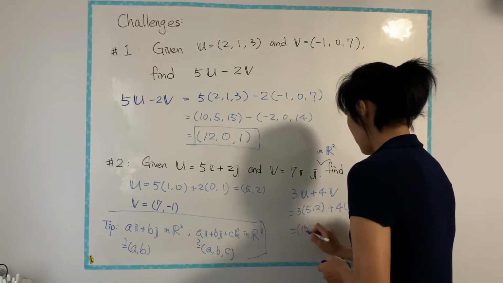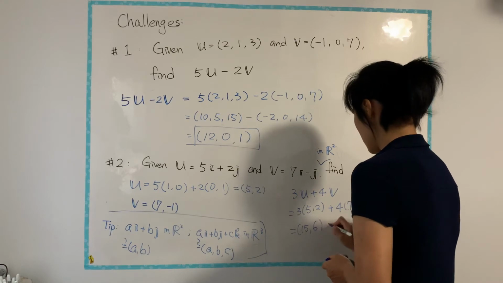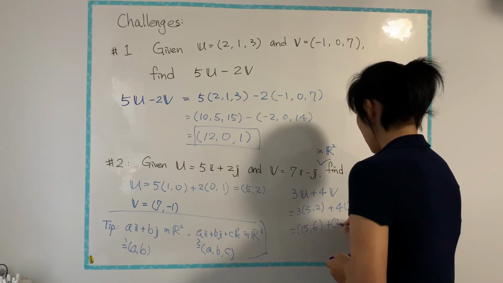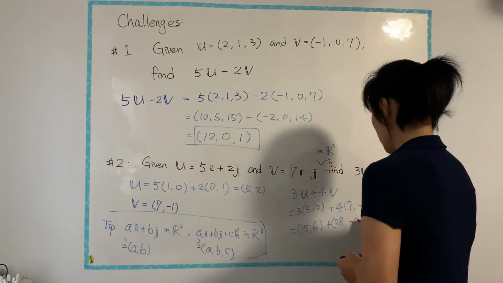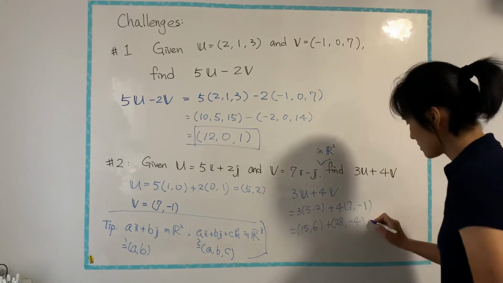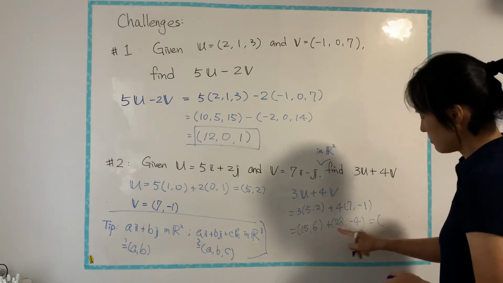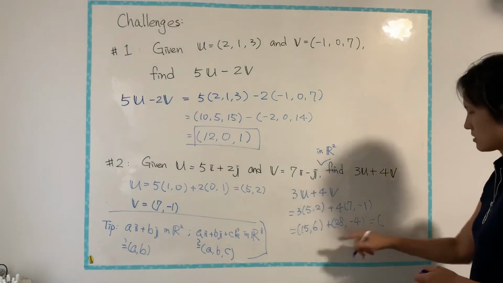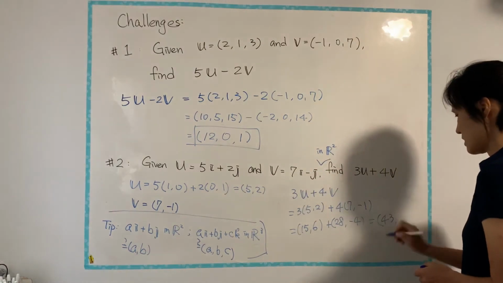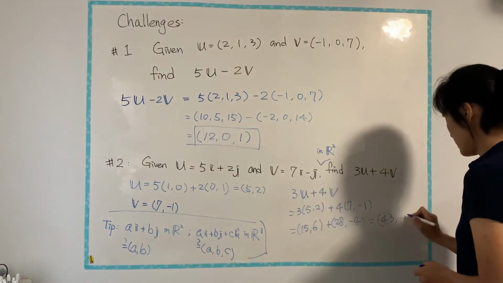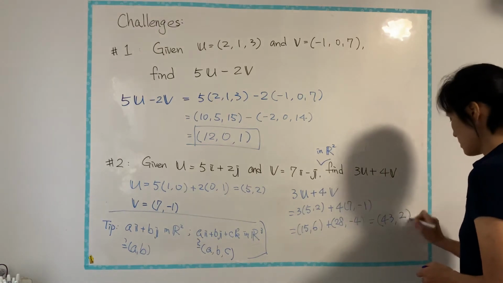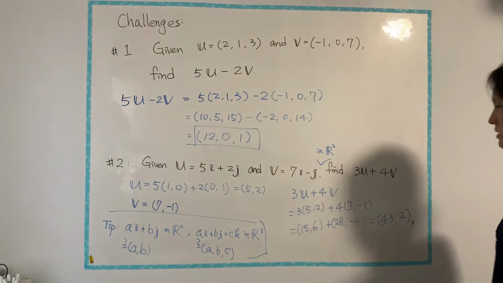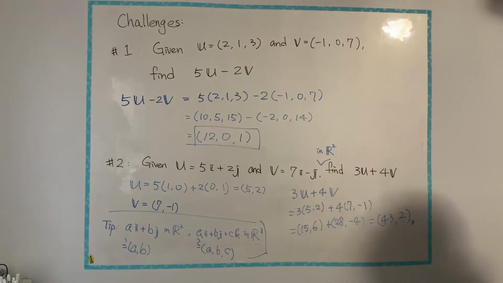So I have 15, 6 plus 28, minus 4. Combine this: 15 plus 28, that's 43. 6 minus 4, that's 2. So this is my final answer.